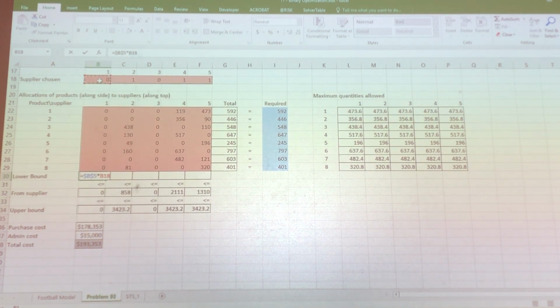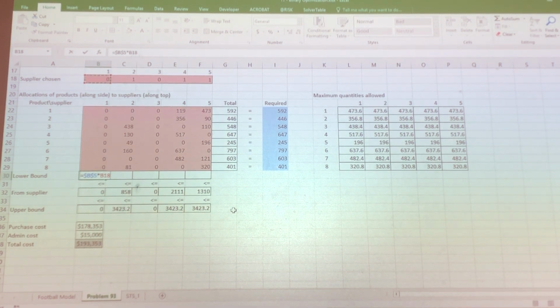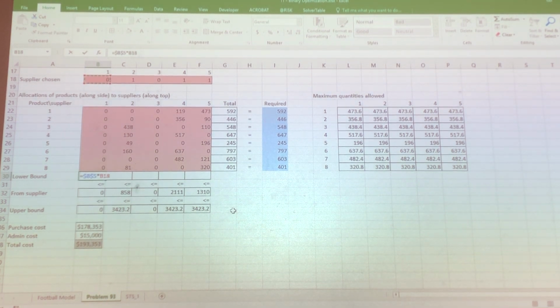B18, yes. In other words, I don't want thousands going all the way across there. I don't want zeros going out. I want it to be a 0 when you're not using them, 1,000 when you are using them. Okay, so the 1,000 in B5, absolute reference that, times B18, which now I can copy the rest of the way across.